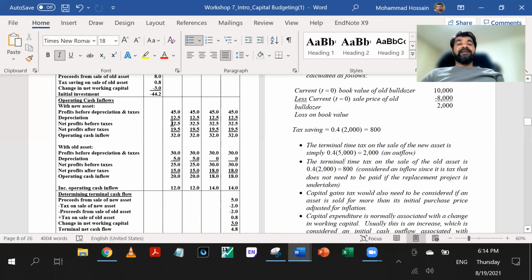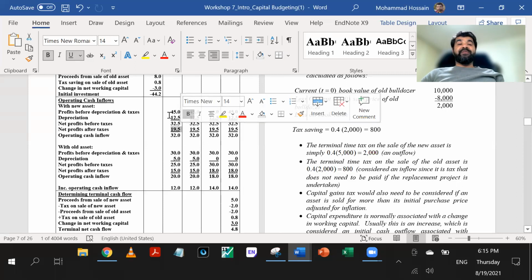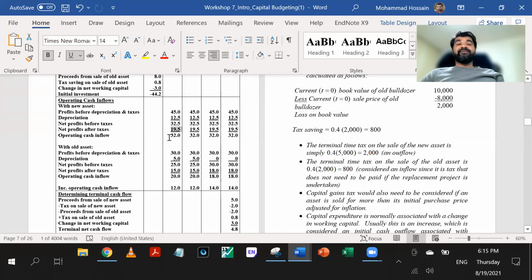Net profit before taxes is 45 minus 12.5. Net profit after taxes will be 19.5 every year. Net operating cash flow: net profit after tax 19.5 plus depreciation 12.5 is 32.